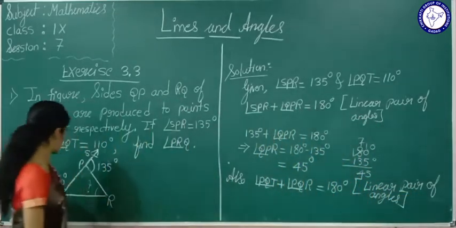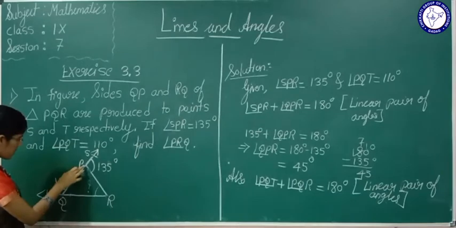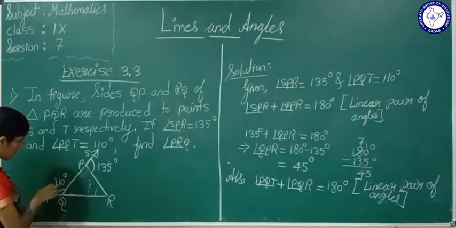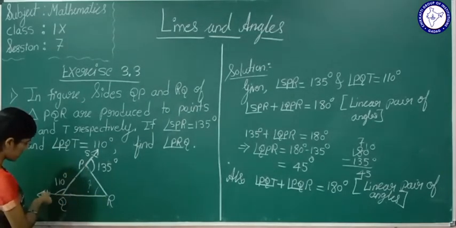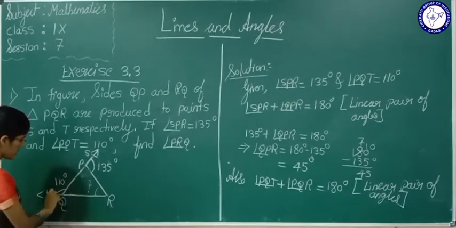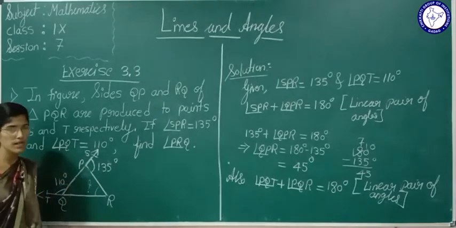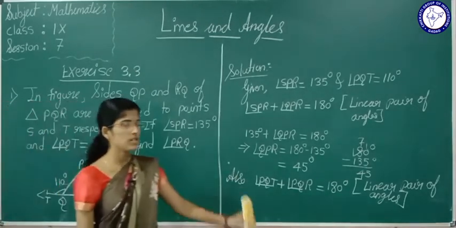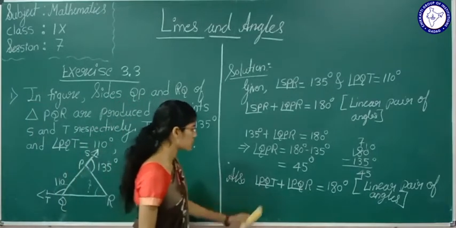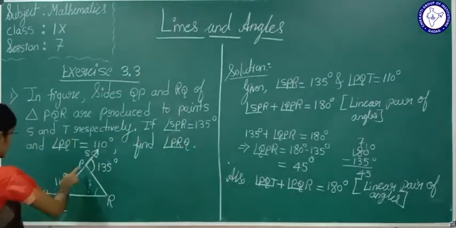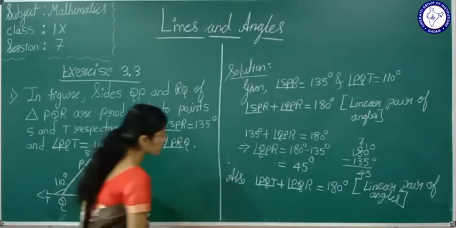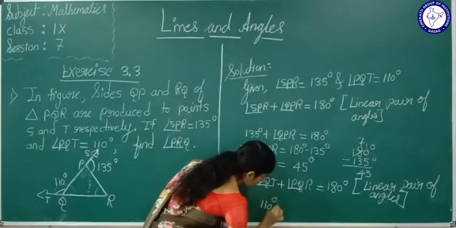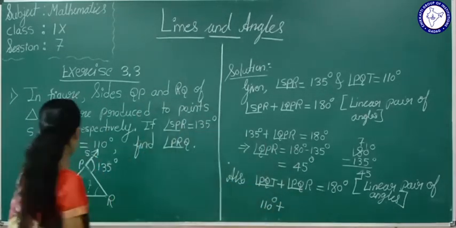See here. Angle PQT plus angle PQR. Here TR is a straight line. This full angle is going to be 180 degree because linear pair of angles. We will substitute the value. What is angle PQT? Angle PQT is 110 degree plus angle PQR.